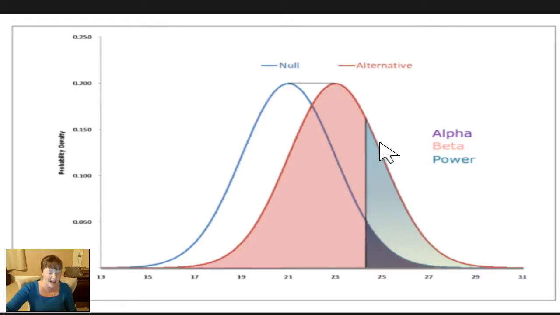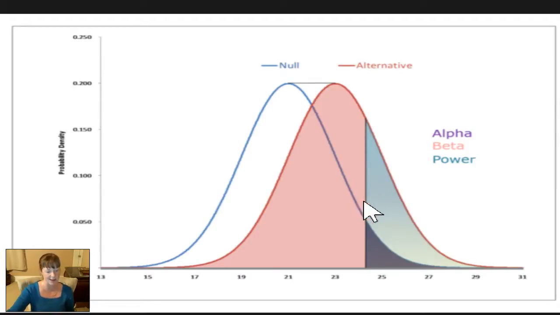But when we select an alpha and we select a critical value of 24.28, that not only cuts up the null hypothesis sampling distribution into alpha and then not alpha, but it also splits up the alternative hypothesis sampling distribution into failing to reject the null, so sad, I wanted to go with the alternative, and I can't, and power, which is rejecting the null, being happy because you're going with the alternative, and that's called power.